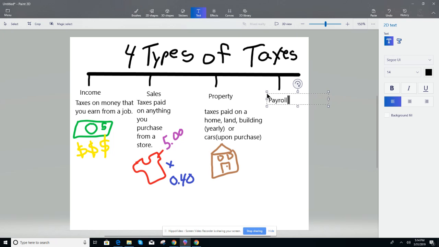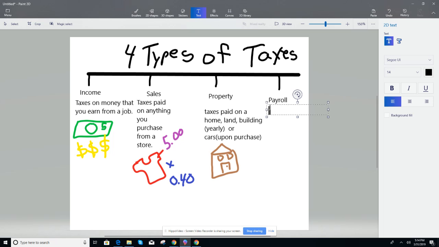But before I pay you money, whatever money I take out, I have to give to the government. That is called a payroll tax. And payroll taxes is what your boss has to pay, but it comes from the employee. Basically, if I'm your boss, I have to pay forth your income tax. You are paying it to me, and then I turn around and I pay it to the government.